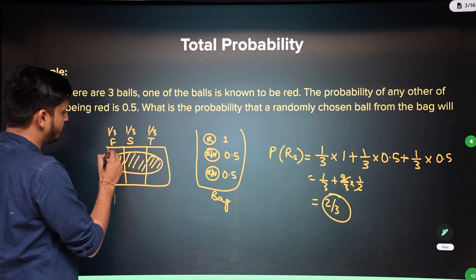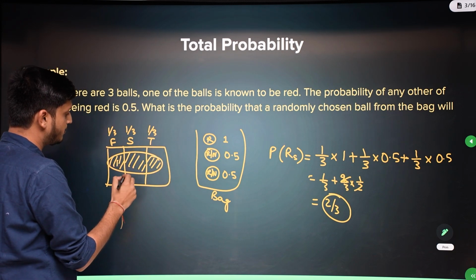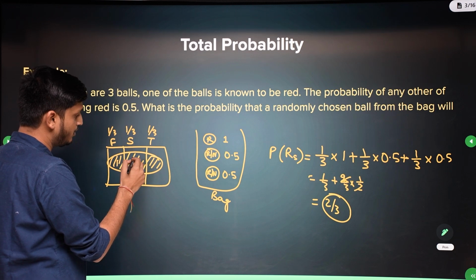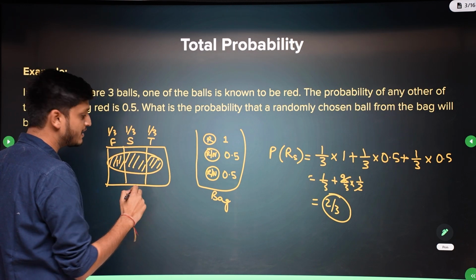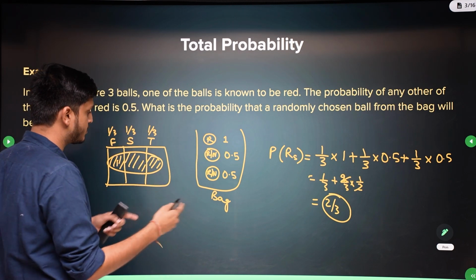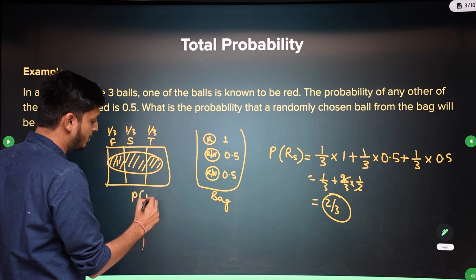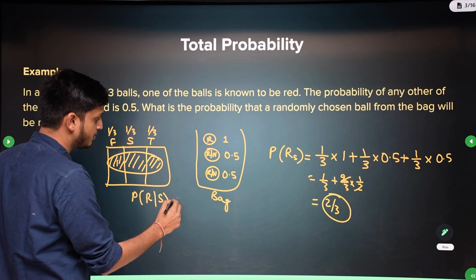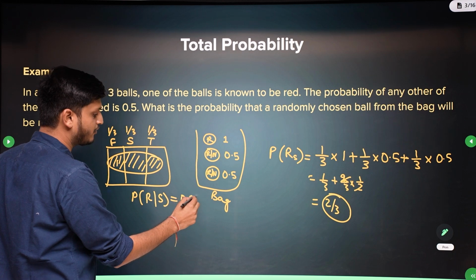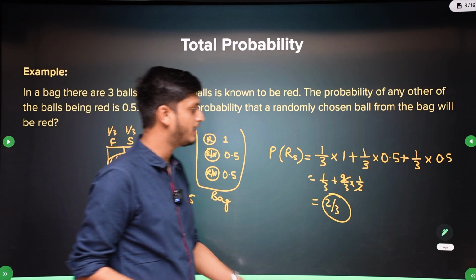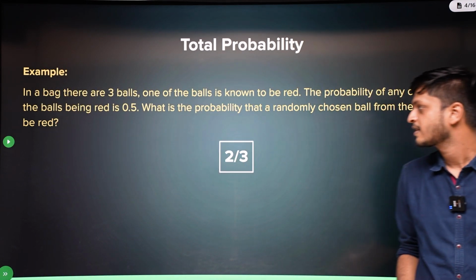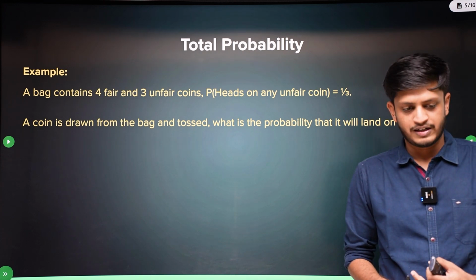Now the probability of a red ball given the first ball is chosen is 1. The probability of a red ball given the second ball is chosen is conditional, not joint. Okay, conditional probability. So the probability of getting a red ball given the second ball is chosen is 0.5. And similarly for the third ball. So I just applied the formula and we get 2/3. Cool. So let's see one more example.